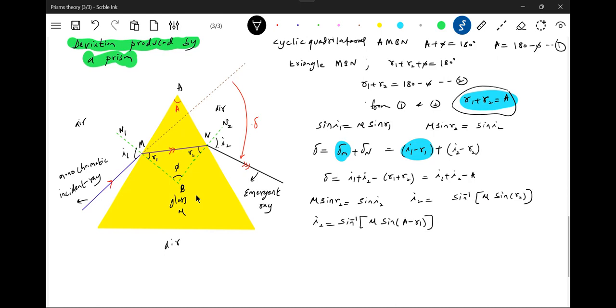Further expansion of this will be I2 equal to sine inverse of mu sine A cos R1 minus mu cos A sine R1.